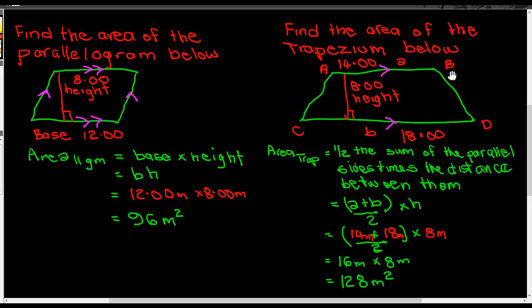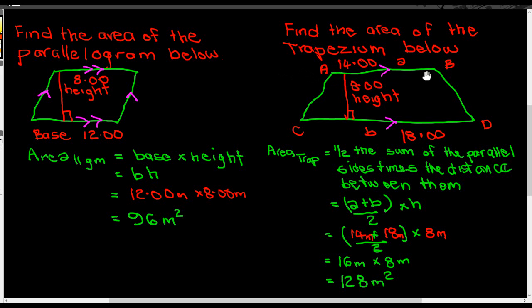Find the area of the trapezium below. Now, a trapezium is described as a four-sided polygon which has one set of parallel sides. So, although a parallelogram is in fact a trapezium, not all trapeziums are parallelograms.